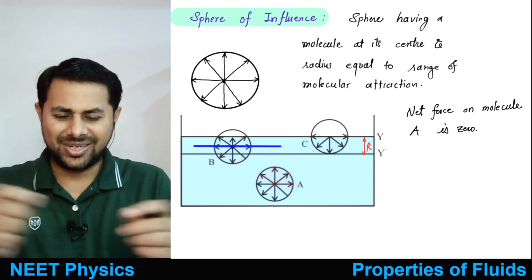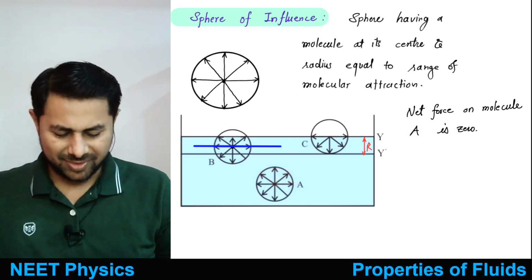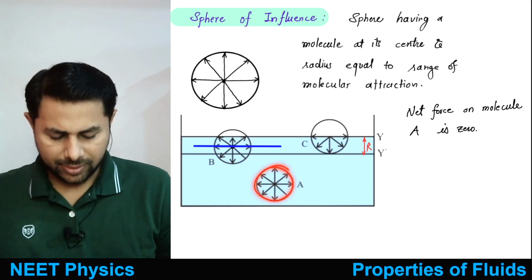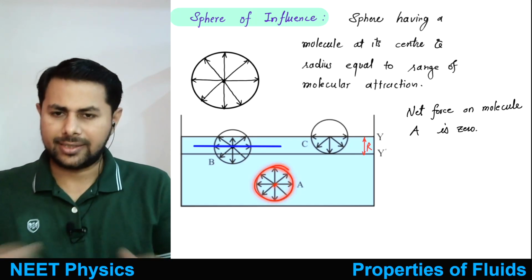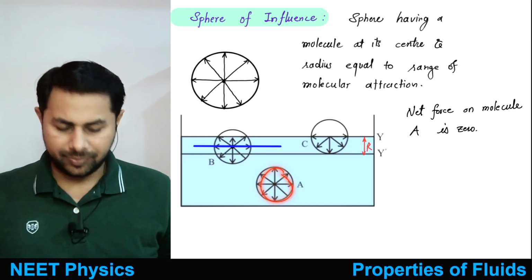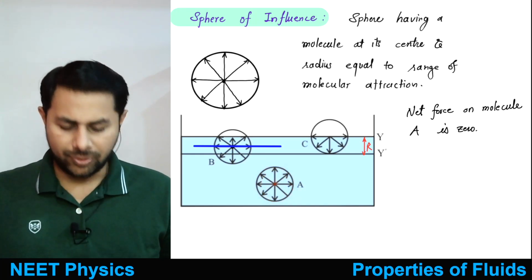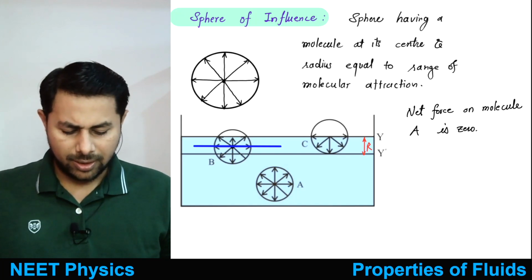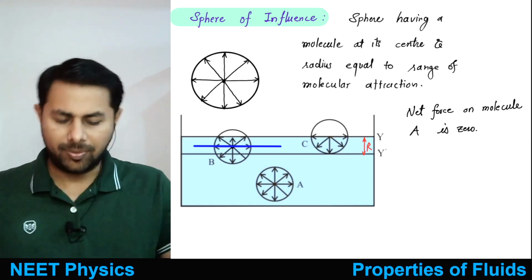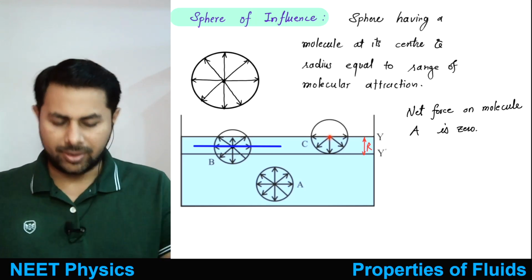That means it gets attracted equally from all directions. What will be the net force acting on it? Because molecule A gets attracted equally from all directions, the net force acting on this molecule would be equal to 0.